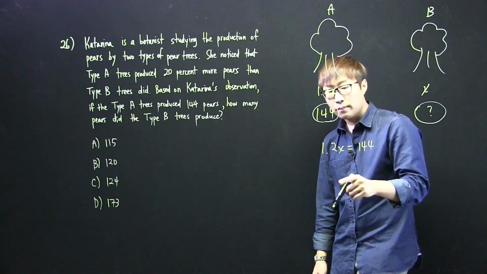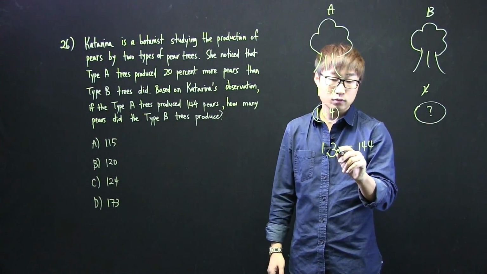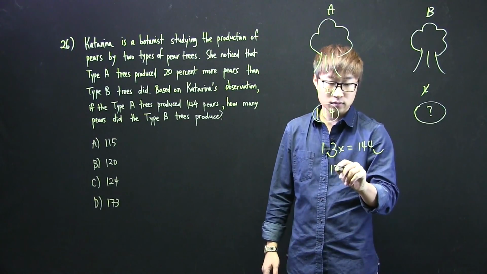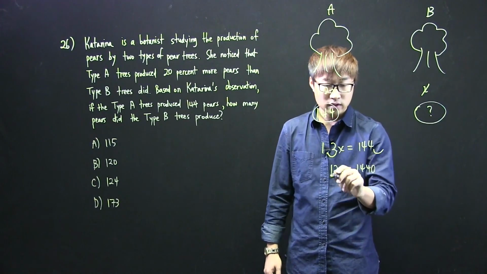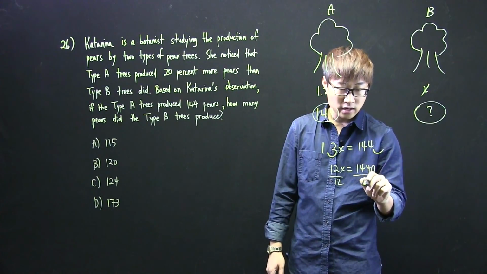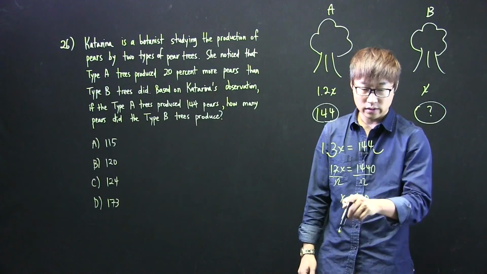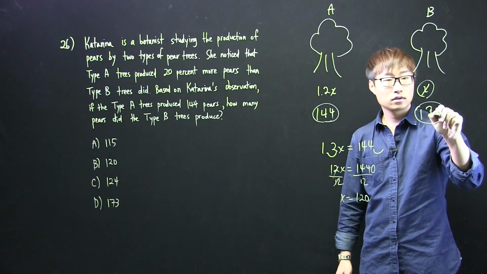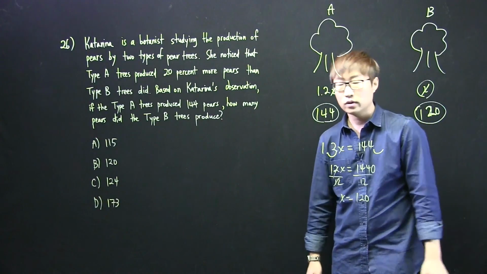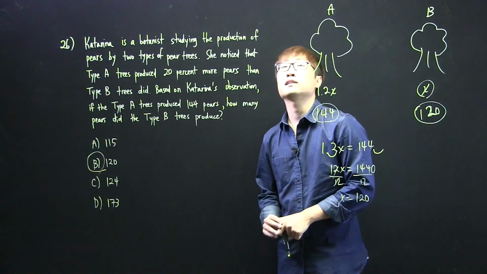I'm going to have to divide by 1.2 on both sides, but since I hate decimals, let me just move the decimal one place on both. So this becomes 12x is equal to 144. And divide by 12 on both sides, cancel the 12, it becomes 120. So x is 120. Hey, we said this is just x, so over here is 120. My answer is choice B. Very, very simple question.